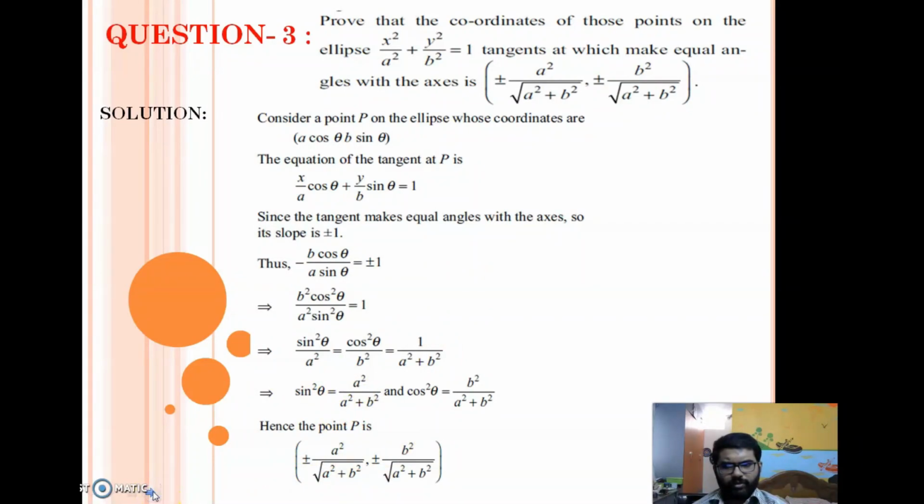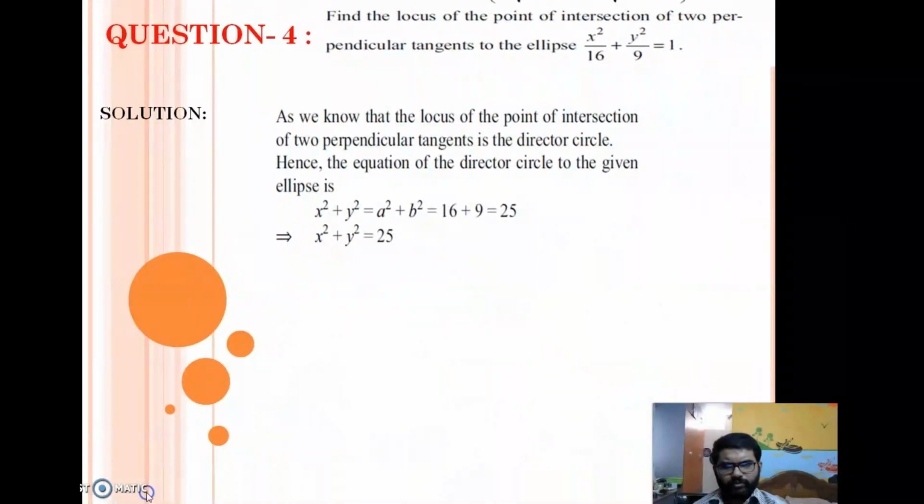Next, question number 4. Find the locus of the point of intersection of two perpendicular tangents to the ellipse x square by 16 plus y square by 9 is equal to 1. The locus of the point of intersection of perpendicular tangents is the director circle.